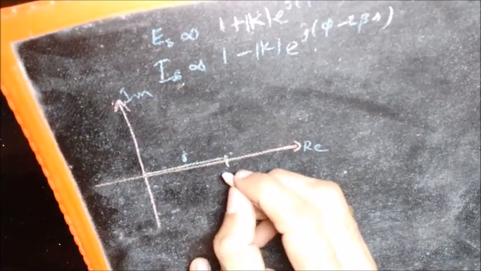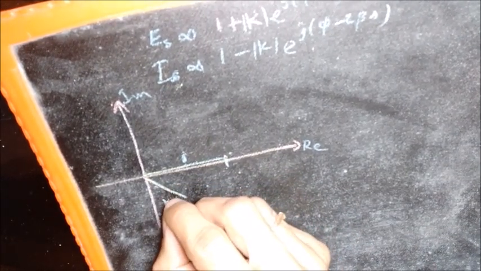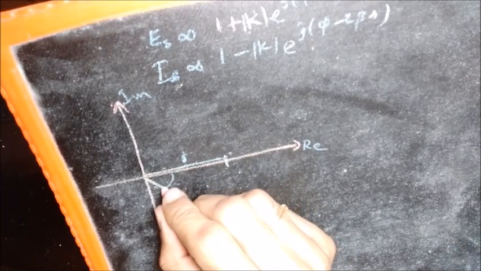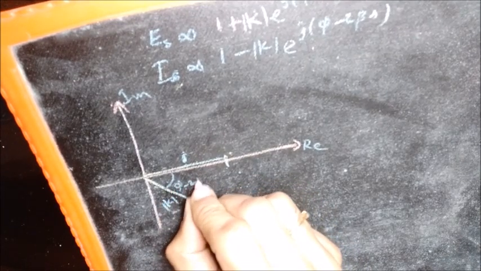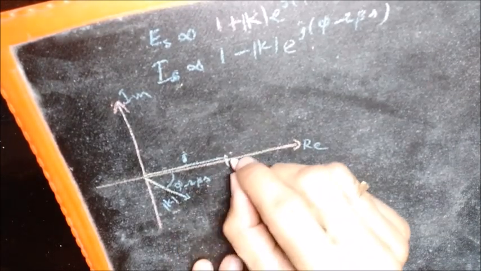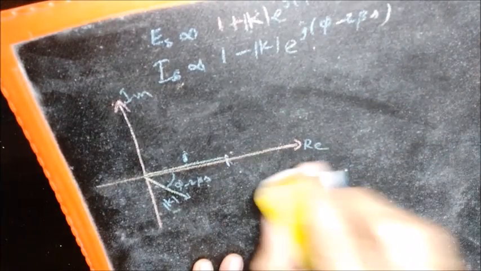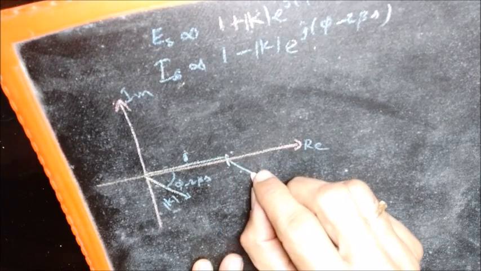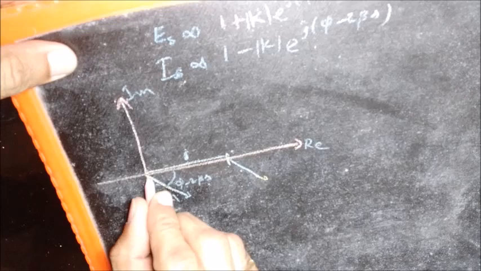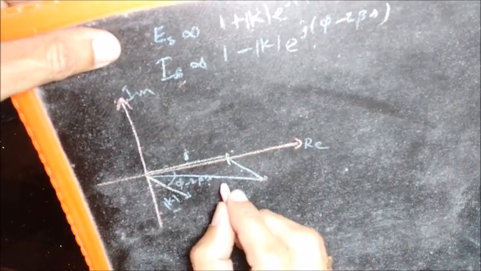Phase of 1 is 0, of course, and this is k, at angle phi minus 2 beta s. 1 plus k e raised to j (phi minus 2 beta s) will be this. We had plotted this earlier, so I can straight away plot it here.